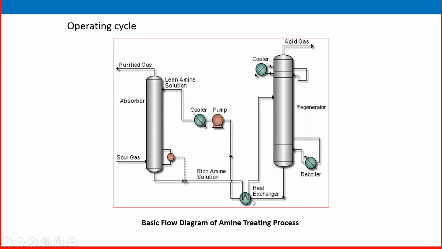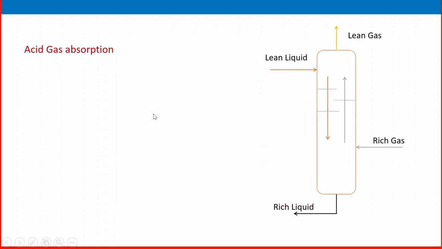Then it is cooled, pumped again, cooled again, and enters here. This is the process. The pure gas is released to the next operation section, and the amine is recycled in the regeneration section. In the regenerator, acid gas is removed and pure amine is returned to the absorber. Let us see the process in detail.